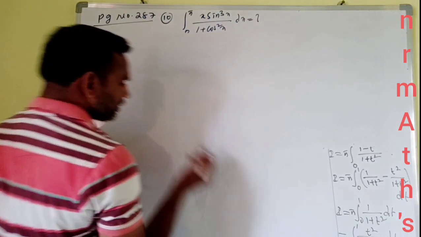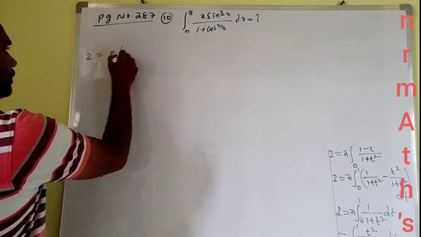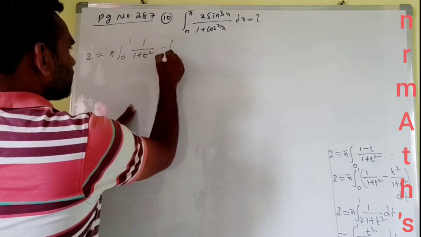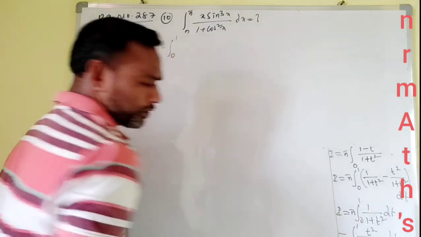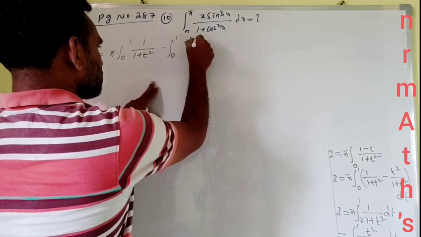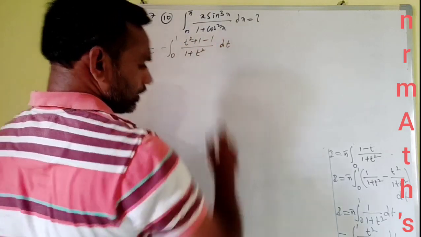Take this: in the numerator t square, add plus 1 and minus 1, so the numerator is t square plus 1 minus 1 by 1 plus t square dt.